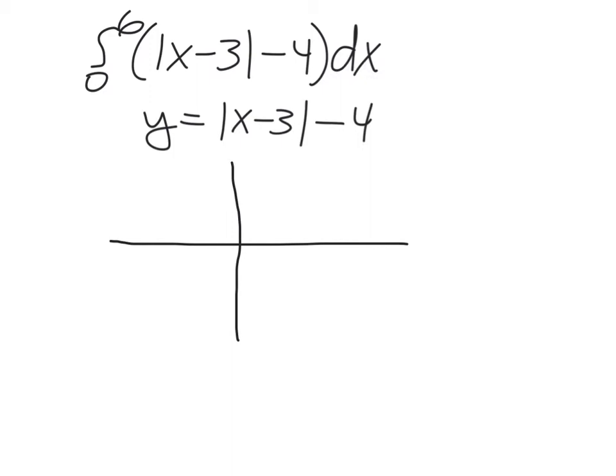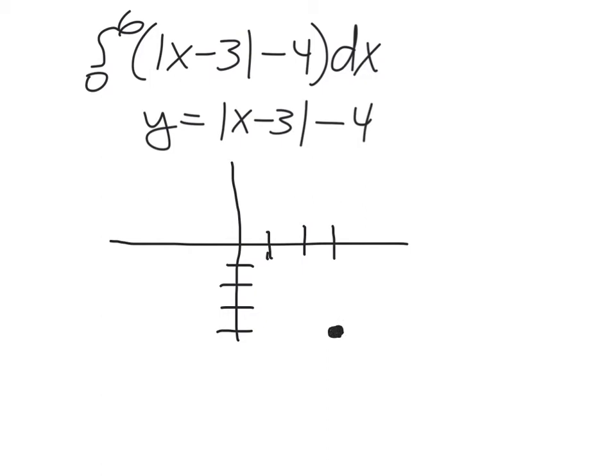Well, imagine that that's a straight line. In this case, the kind of, I guess we could call it the vertex of the V. The bottom of the V would be at what point? Okay, 3, -4. When x is 3, y is going to be at -4.